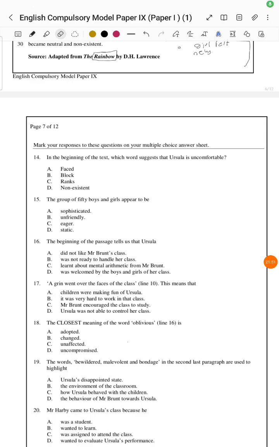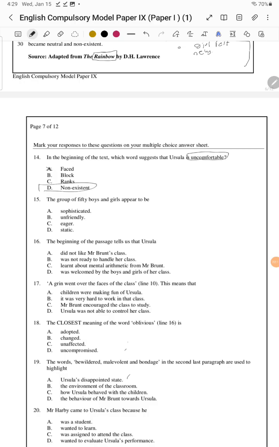But is this the correct answer, to highlight non-existence? I guess I'm stuck between the two. You have to eliminate the choices first. Faced is not suitable here. Faced means that she is facing something, but this does not match the word uncomfortable.